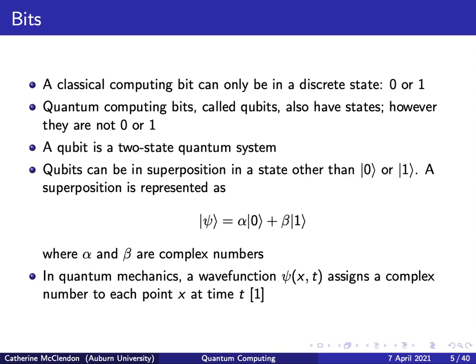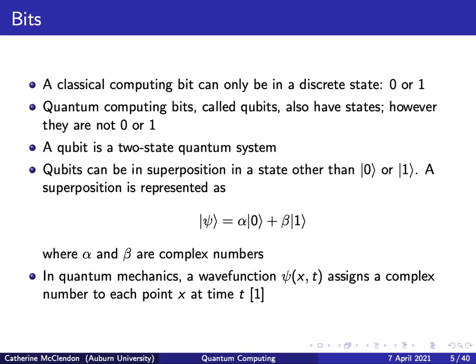A superposition of quantum states is a linear combination of eigenstates represented as the equation seen on the screen, where alpha and beta are complex numbers, and I'm referring to the 0 and 1 as just 0 and 1 and not ket 0 or 1, just for short.